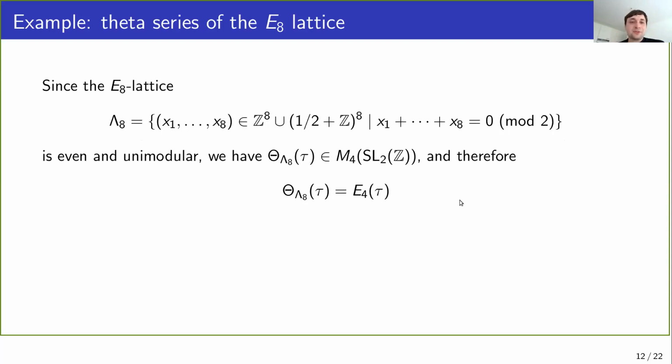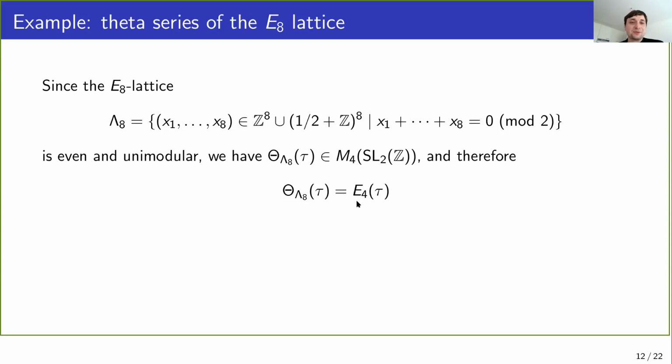One thing I maybe haven't quite emphasized before is that, because of the way we defined it, the theta function always has a Fourier expansion starting with 1, because we always have the 0 vector in the lattice. So we always get a constant term from that, and it's 1. So then it has to be equal to E4.